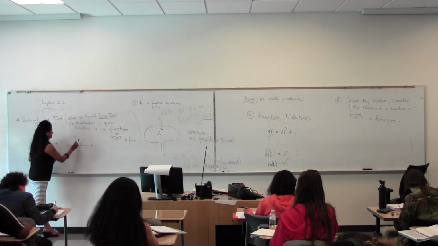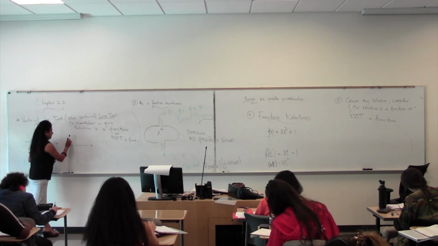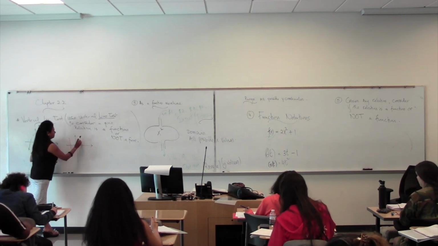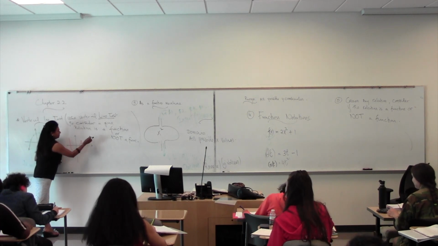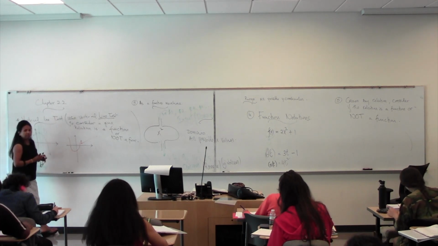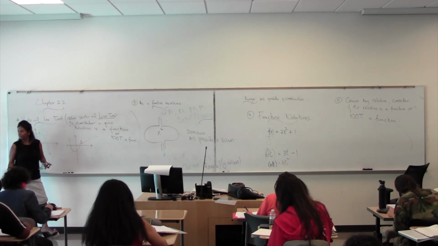So now how about a graph going like this, but like this now, and then going like this. This is also a graph. You can have all sorts of graphs, right?